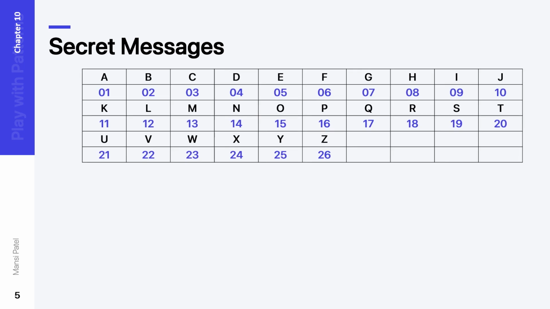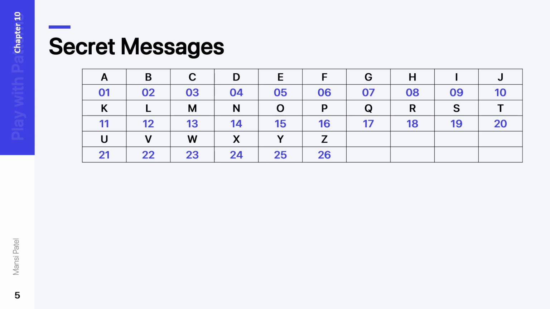Secret message. This thing you already studied in your third standard. Here we are just taking the alphabet and giving some numbers to them. There are a total of 26 alphabets, so we are not supposed to write A stands for 1.